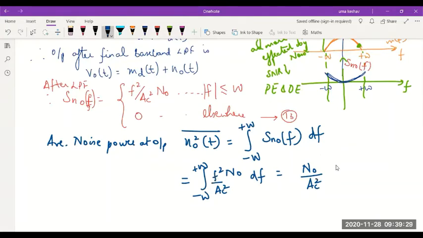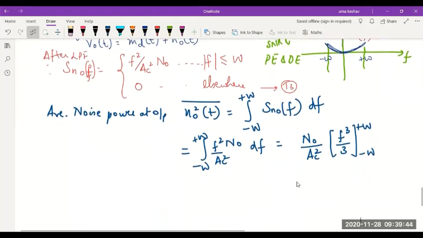What is integral of f square? How much is integral of f square? f cube by 3. f cube by 3 in the limits minus W to plus W. Try to evaluate this. What will you get?